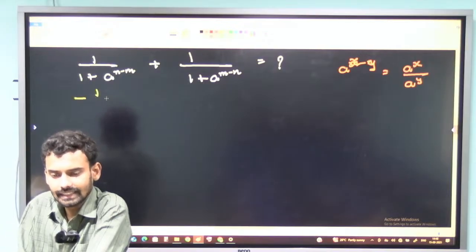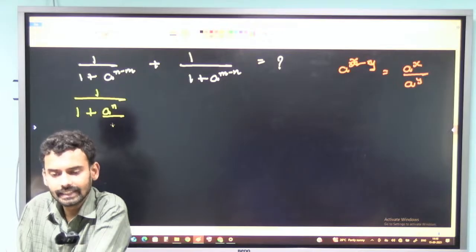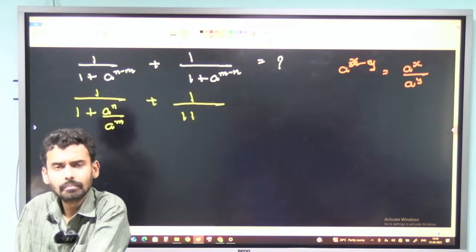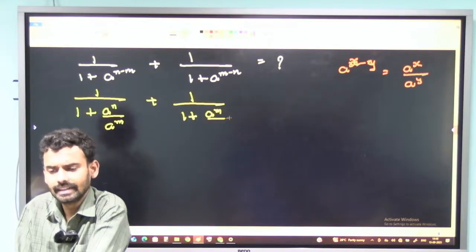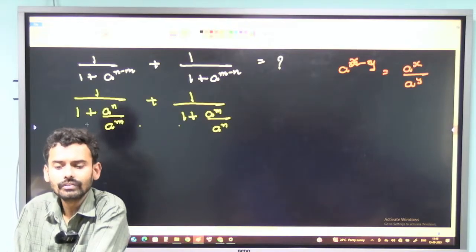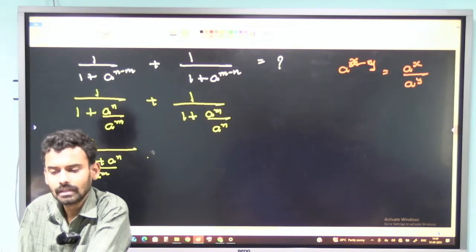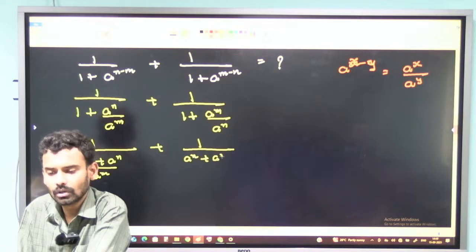I can write this as 1 divided by 1 plus a to the power of m divided by a to the power of n, plus 1 divided by 1 plus a to the power of n divided by a to the power of m. Now if I take the LCM here, I will get 1 divided by a to the power of n plus a to the power of m whole divided by a to the power of n, plus 1 divided by a to the power of m plus a to the power of n whole divided by a to the power of m.